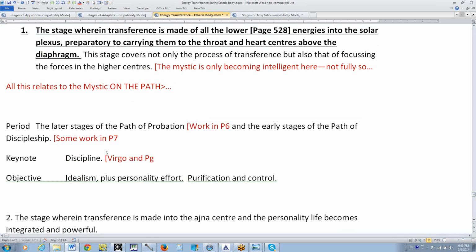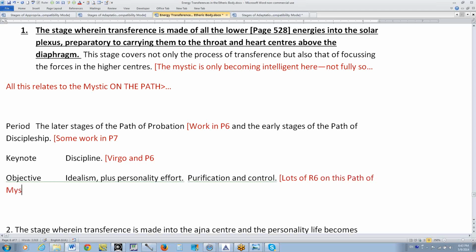And also, of course, we can go to the various groups where we have the aspirant idealism plus personality effort, purification and control, and let's just say lots of ray 6 on this path of mysticism, and the idea is the path is emphasized.